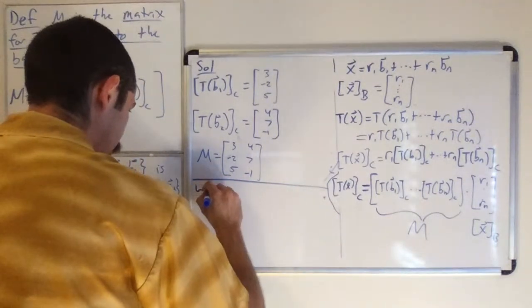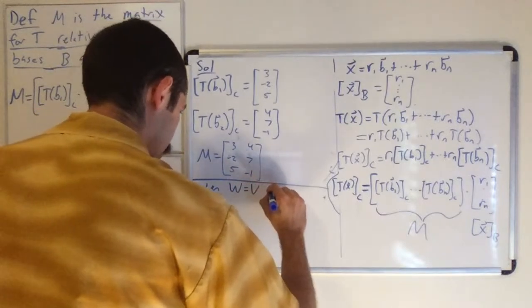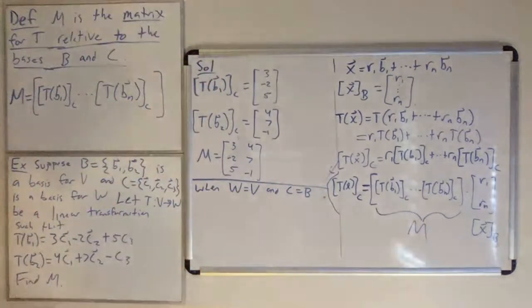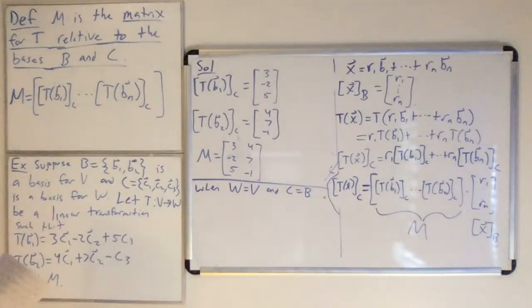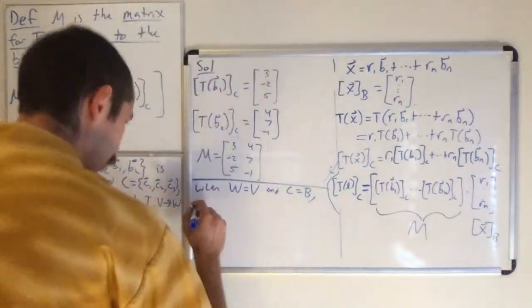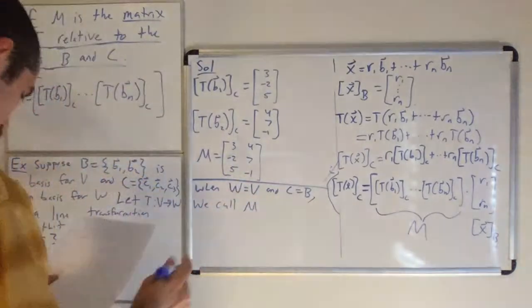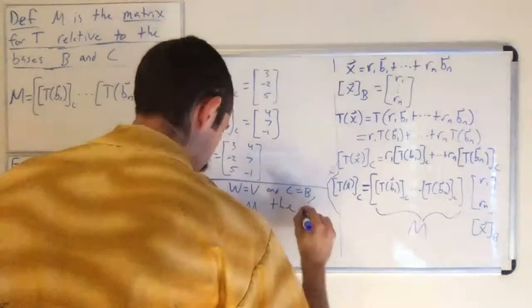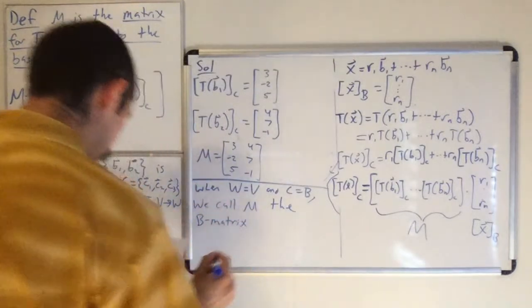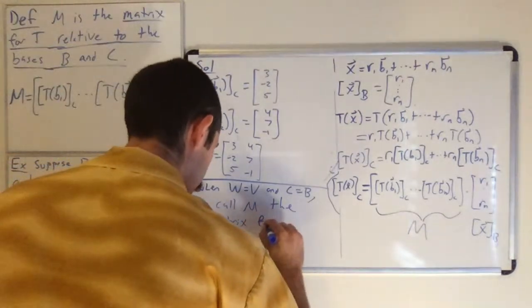So when W equals V and C equals B, so we have the same vector space and the same basis, we call M the B matrix for T.